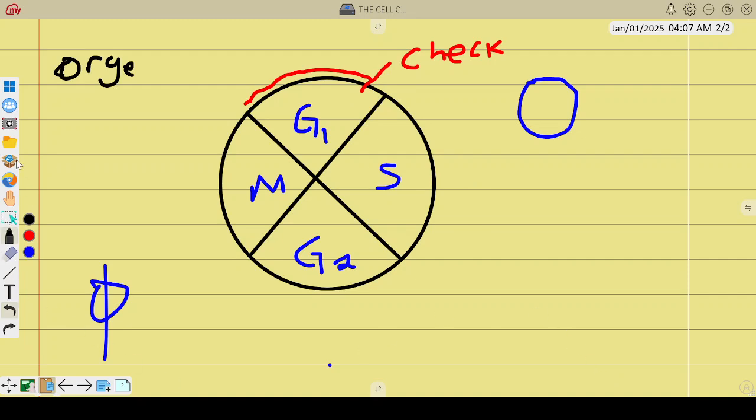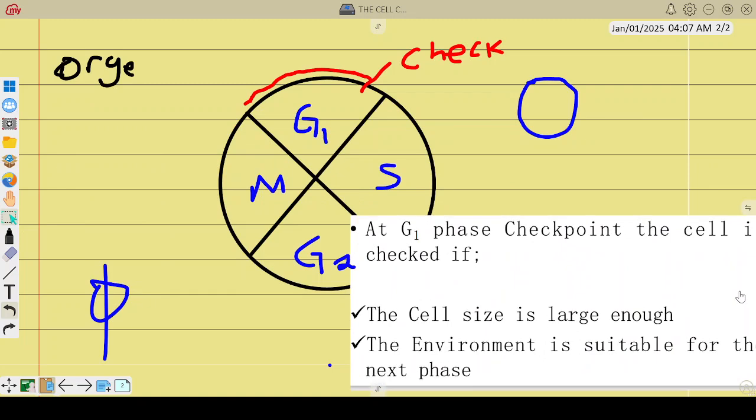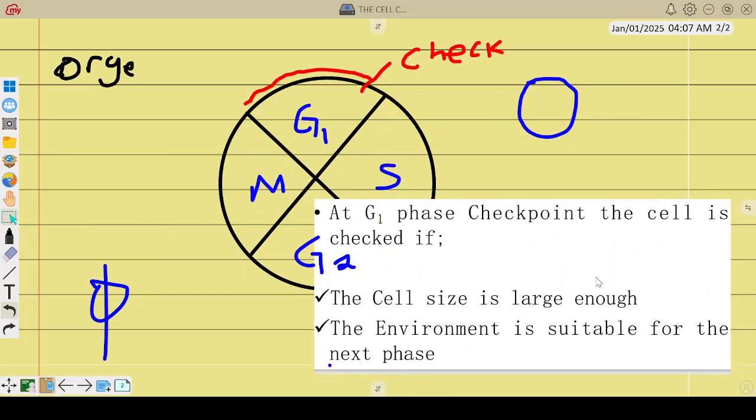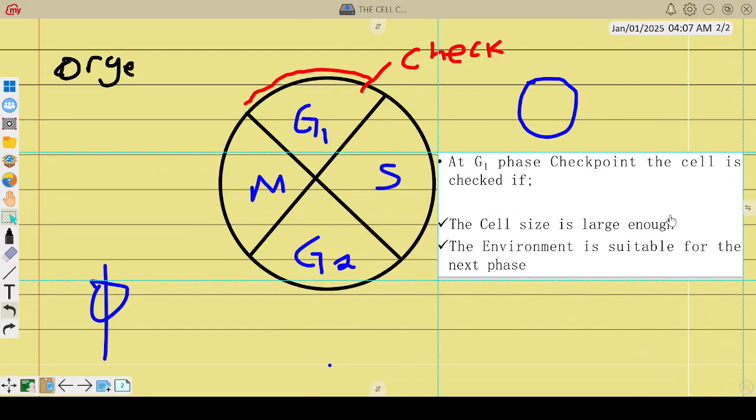So what is the purpose of this checkpoint? What does it do? Let's quickly have a look at that. So this is the G1 checkpoint.